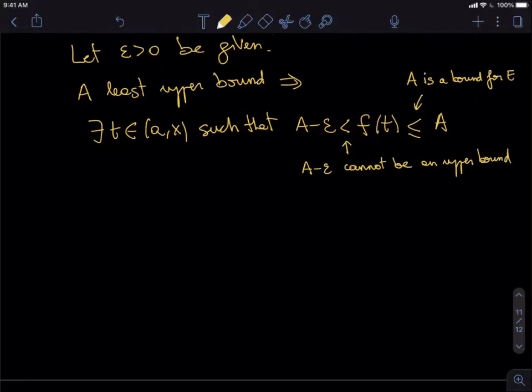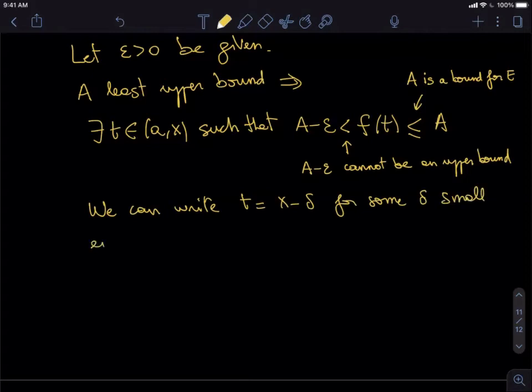Okay, but then we can write t as X minus delta for some delta small enough so that actually A is smaller than X minus delta, smaller than X. This one here is obvious, okay, because of course.